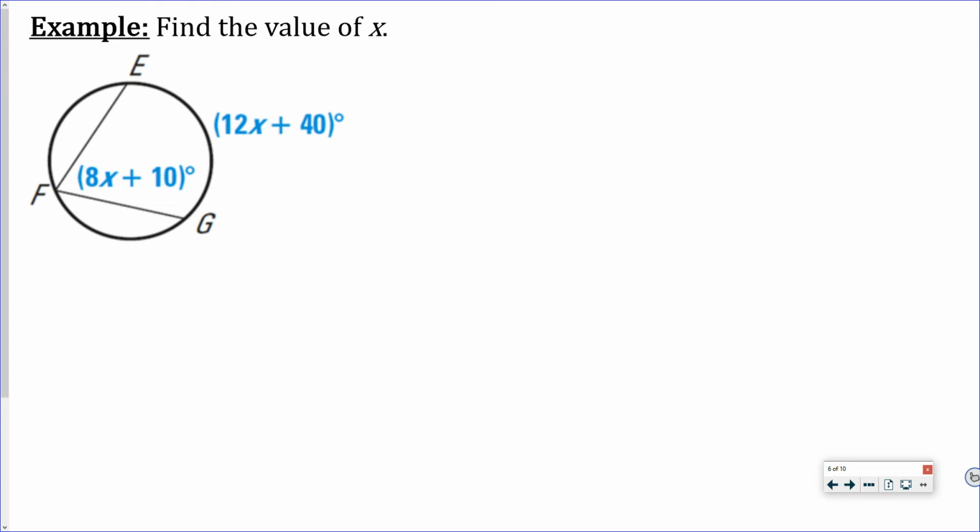Yes. Perfect. 2 different ways. Nice. All right, looks like most of you got this as I'm walking around.